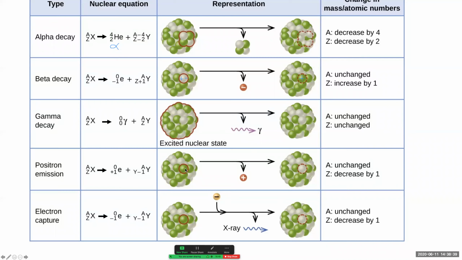If we have a positron emission, when we lose a positron, a positive, that's like losing a proton and changing the proton into a neutron. So the Z decreases by 1. The A remains unchanged, so the total mass doesn't change, but it's the opposite of what happens to an electron.